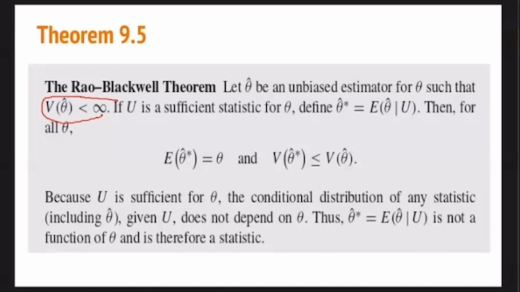Now, if there exists a sufficient statistic U that you've derived, probably through Fisher-Neyman factorization or whatever, we want to define a function of that U. You remember in STAT 4101, when you have a random variable, a function of a random variable can also be a random variable.